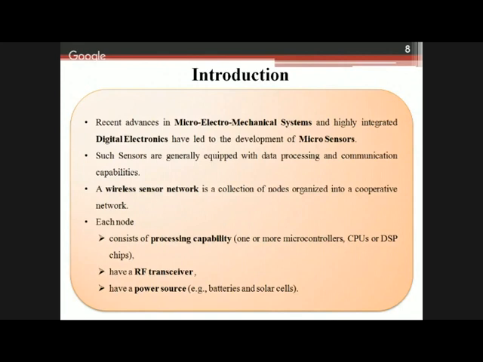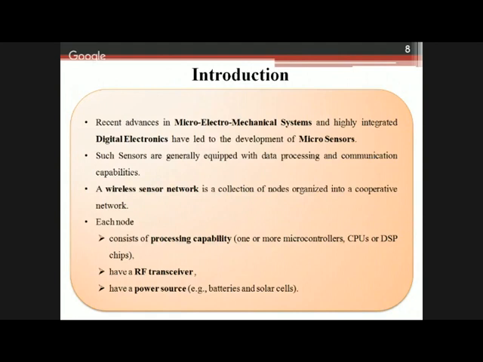So that's why the digital electronics is also coming into the picture. And they have led to the development of microsensors. When I use this word microsensors, I'm talking about very small sensors, micro size sensors. So everything is going to be small.